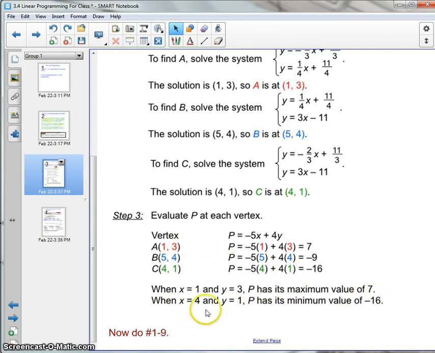And when x is 4 and y is 1, P has its minimum value of negative 16, which we see here. So once you plug in these points into our equation, you want to figure out which one has the largest and smallest value, and that will automatically be your maximum and minimum because those points are at our vertices.